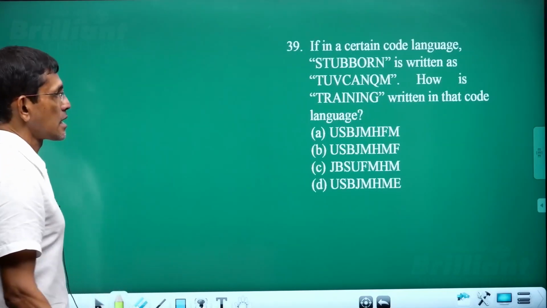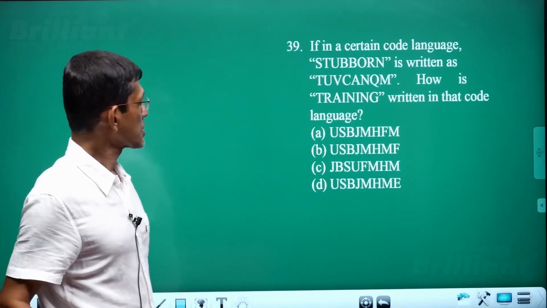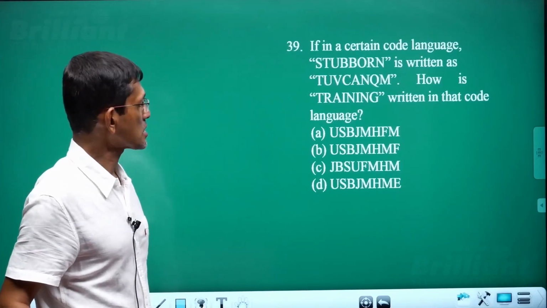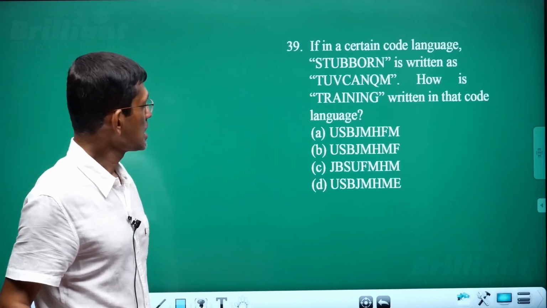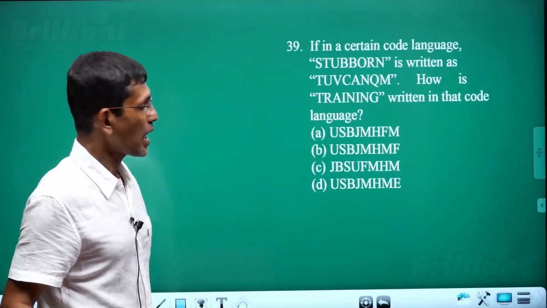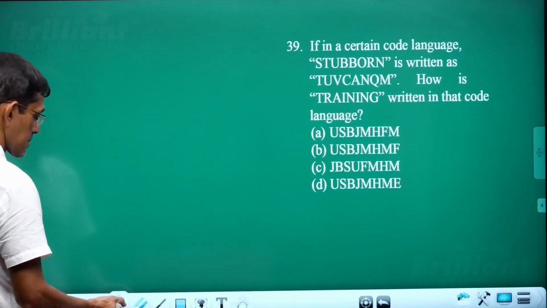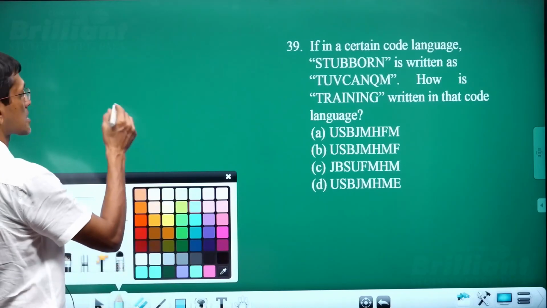39. In a certain code language, stubborn is written as TUVCANQM.